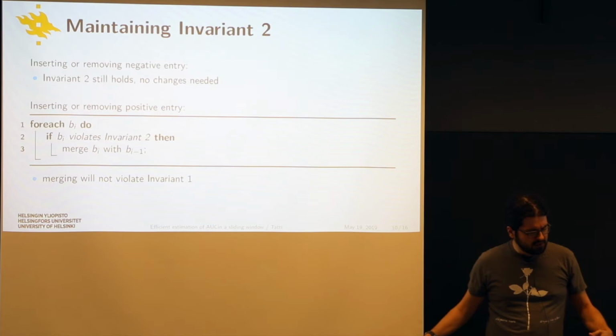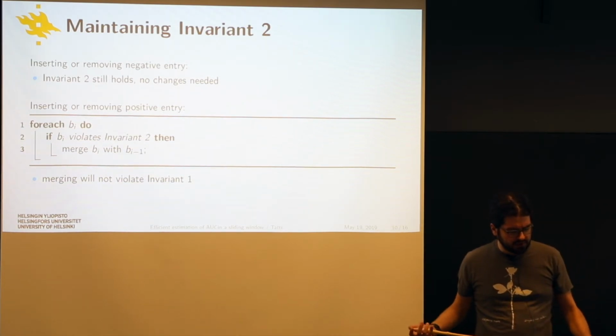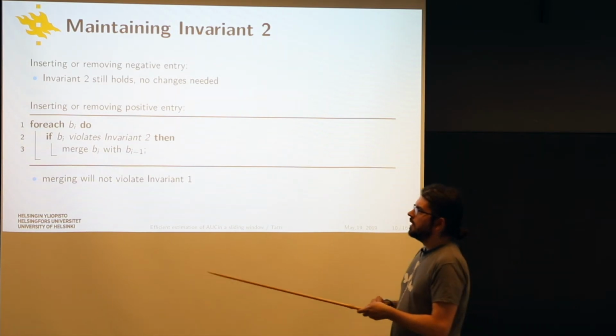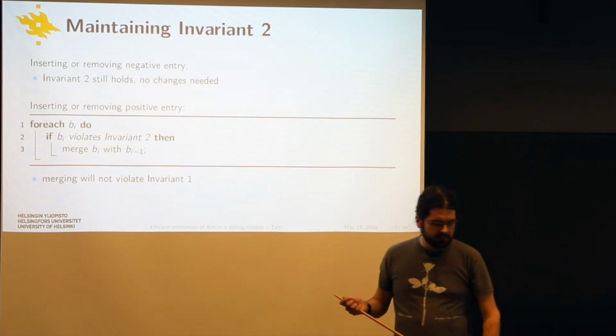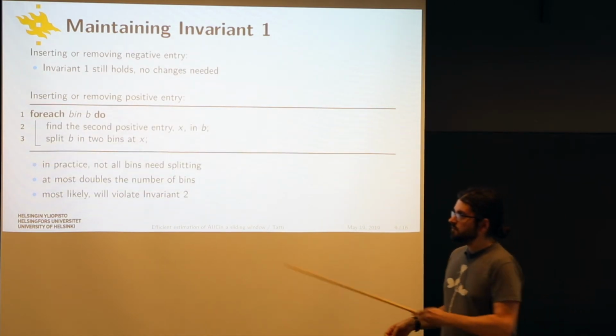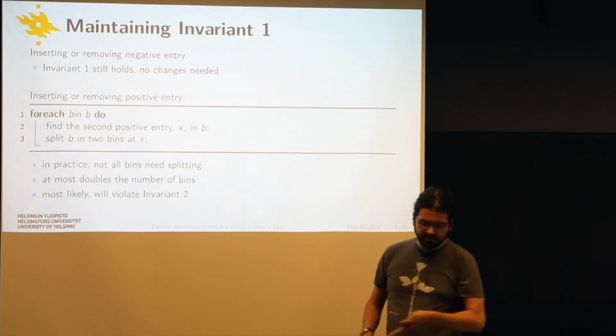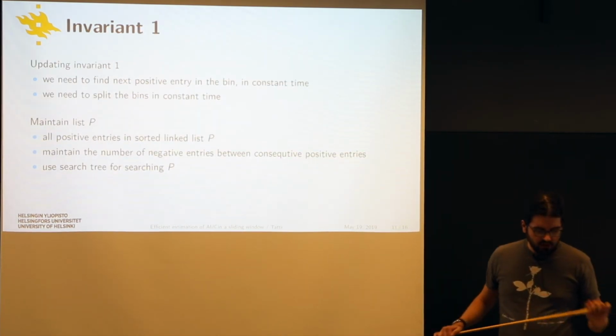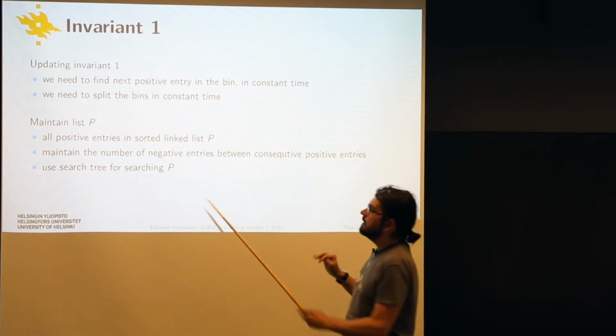Behind maintaining these 2 invariants, you need to do some trickery to do this very quickly, because merging is quite simple to do in constant time, but splitting requires some trickery, especially updating invariant number 1.